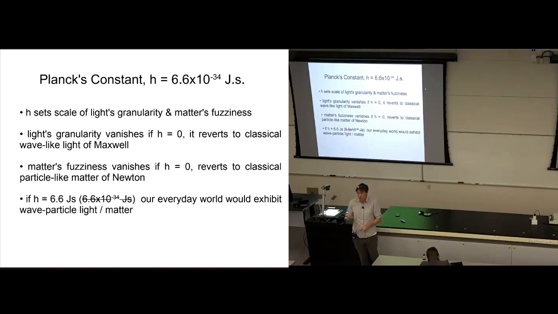So Planck's constant is a constant of nature that sets the scale of the wave-particle world and differentiates it from the I'm a particle or you're a wave world of our everyday experience. So Planck's constant really sets the scale of light's granularity and matter's fuzziness, waviness.